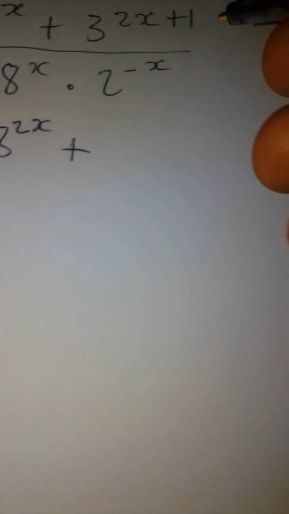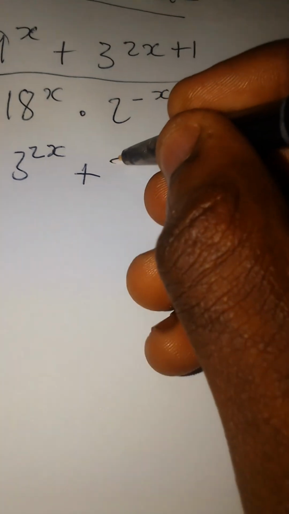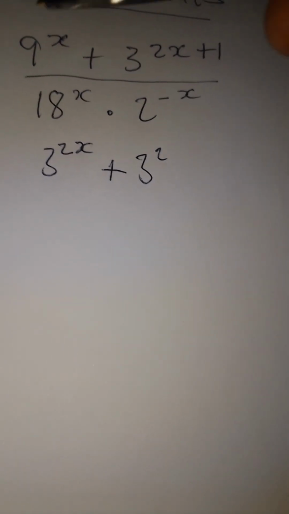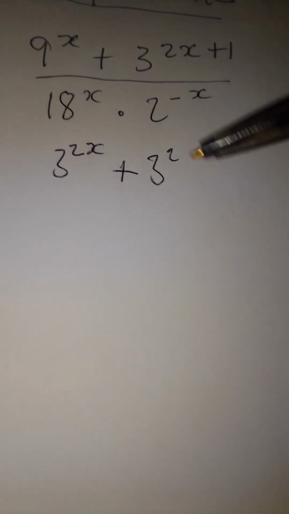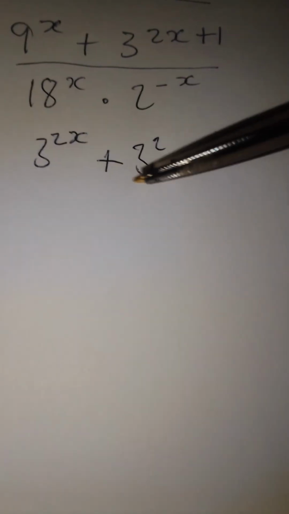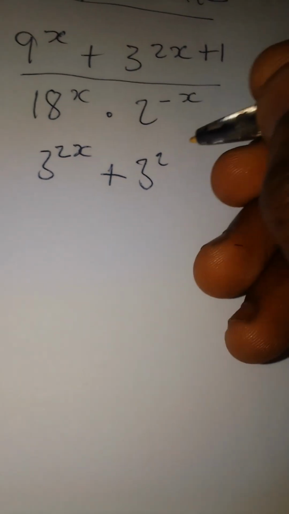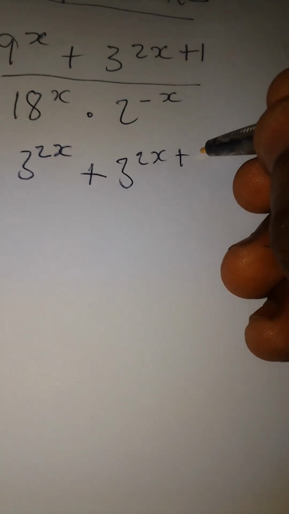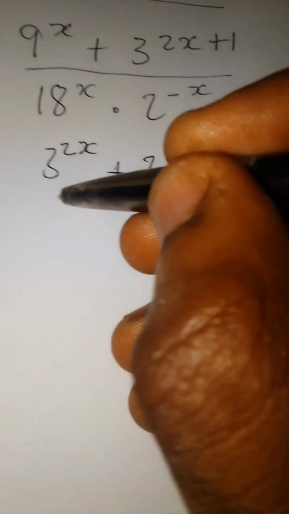So plus this, I will leave it like this, because I have other terms which now have the same base as this one. So I have to leave this one so that I can use my exponent laws at the end of the day to solve my problem.